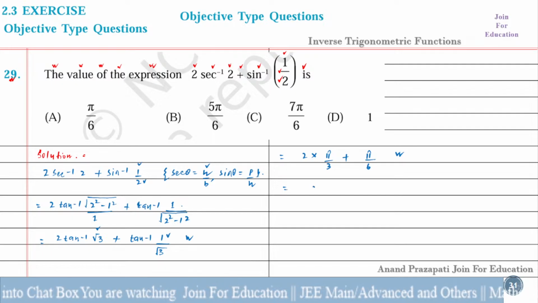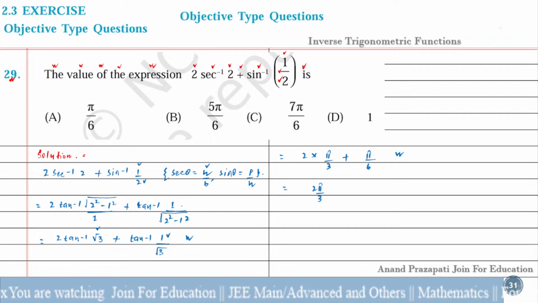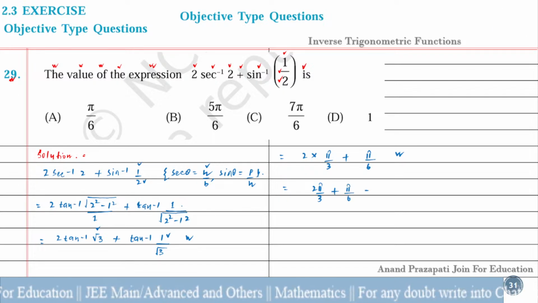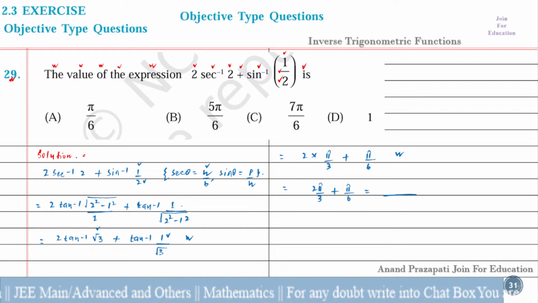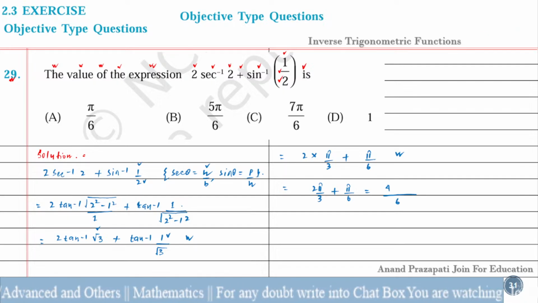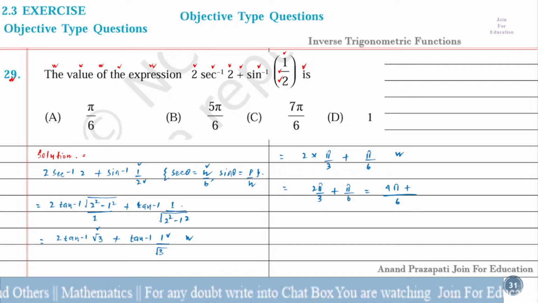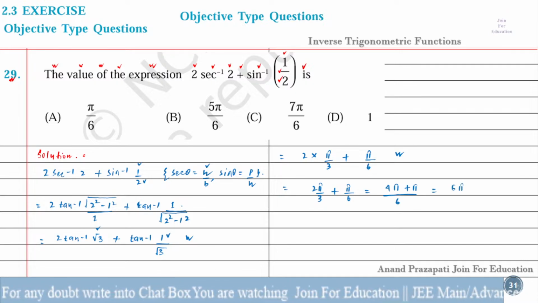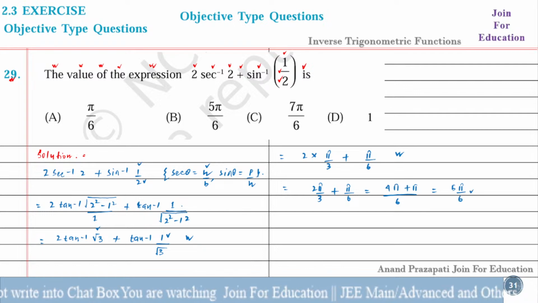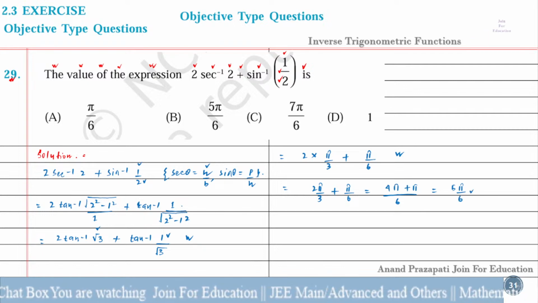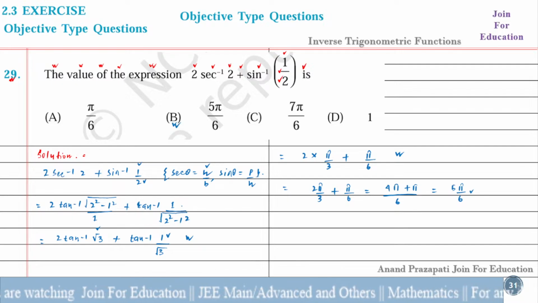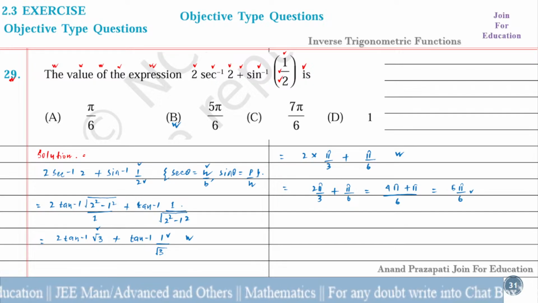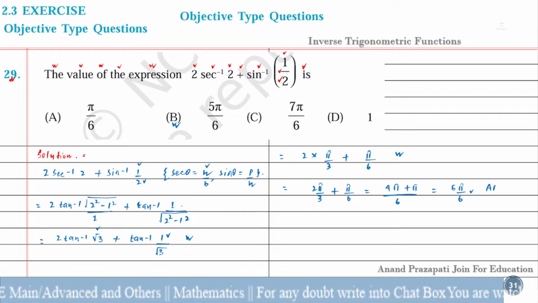So here will be 2 pi by 3 plus pi by 6. LCM of 3 and 6 will be 6. Here will be 4 pi plus pi equal to this one will be 5 pi by 6. 5 pi by 6 is in option B. So the correct option of this question or answer of this question will be 5 pi by 6.